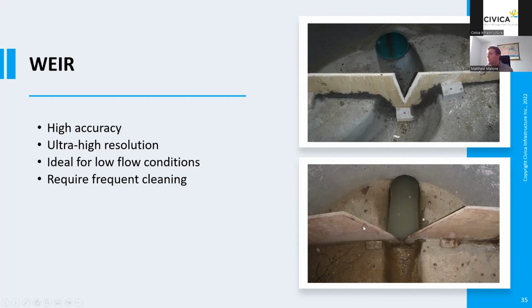The one on the bottom has a wider angle, so more flow is expected to go through this particular location. So these are ideal for low flow conditions. We're doing a lot more flow monitoring in newer subdivisions, trying to see what the I&I is like getting into the system before they're assumed. So these are great for that type of situation.